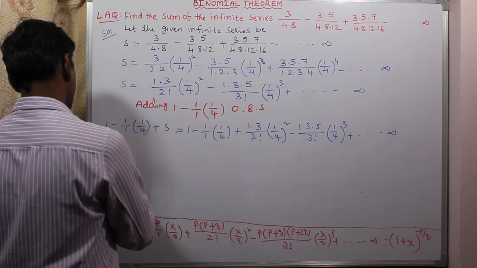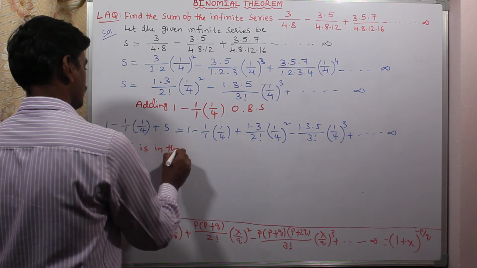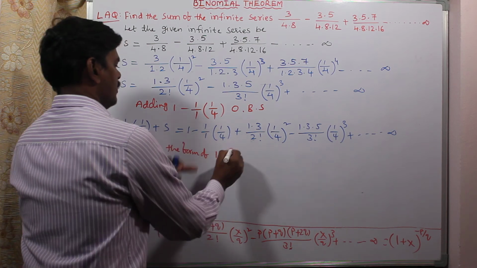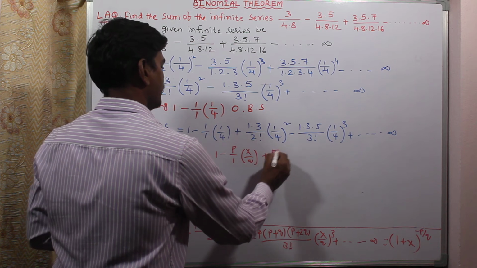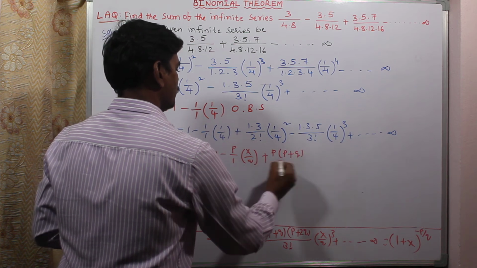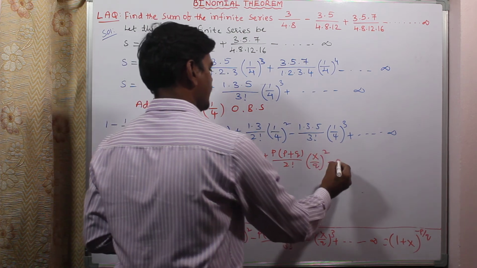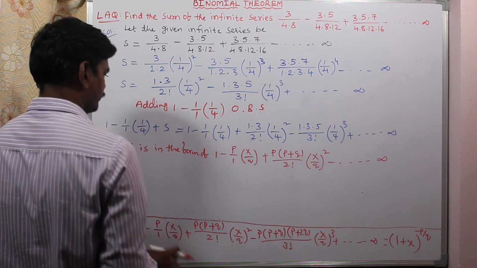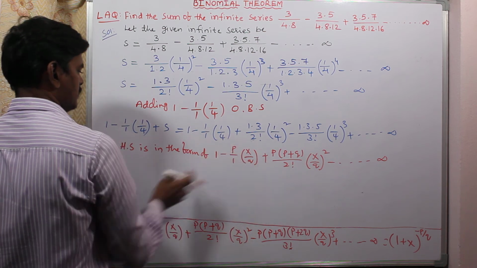So now the RHS is in the form of 1 minus p by 1 into x by q plus p into p plus q by 2 factorial into x by q whole square minus so on up to infinite. Now we wrote this formula for the purpose of comparison.